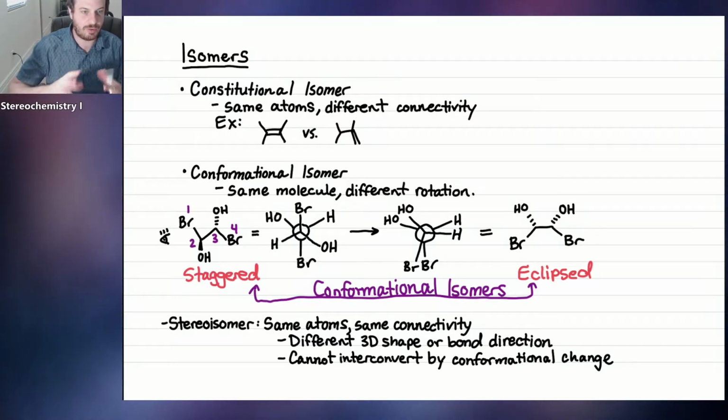So meaning you cannot rotate the bonds to make the two molecules equivalent. The difference in bond direction is permanent in a sense. So let me show you an example of what I mean by that, of stereoisomer.